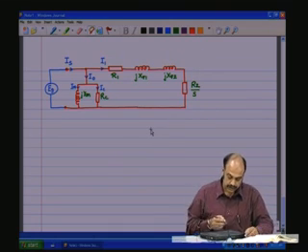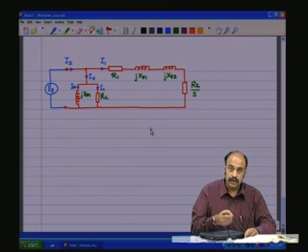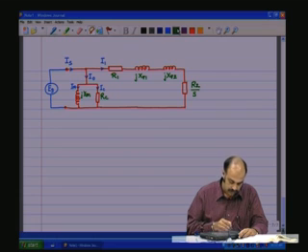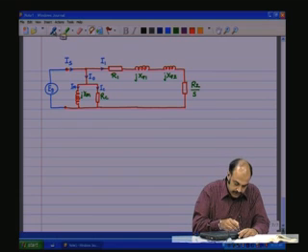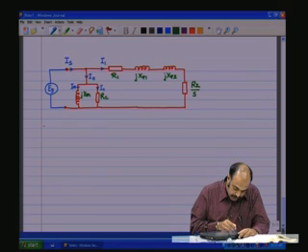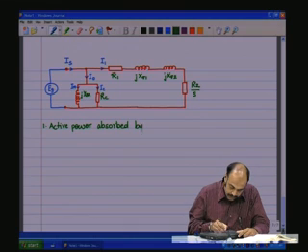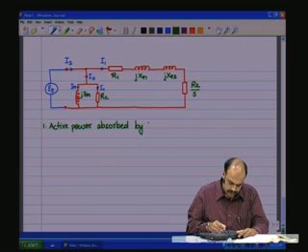Let us list down the power flow equations. What is the active power absorbed by the motor?